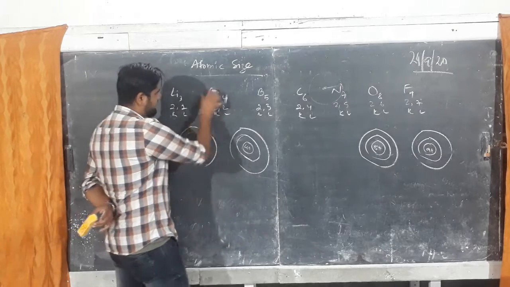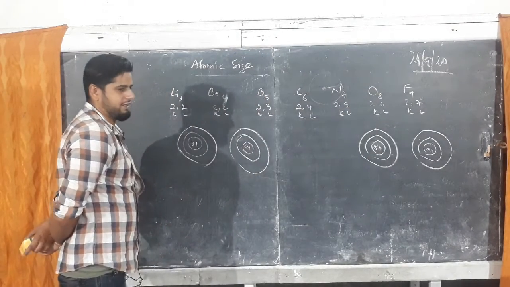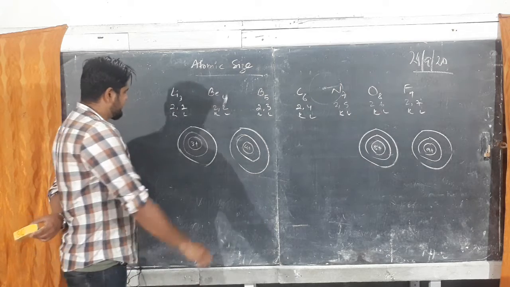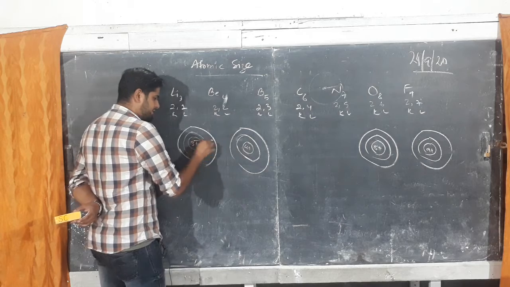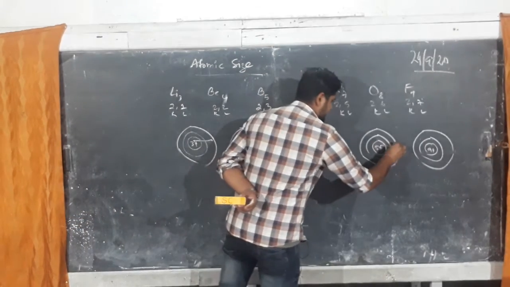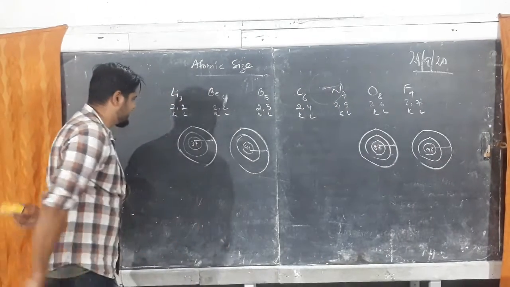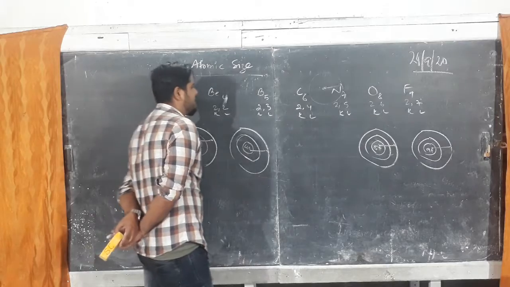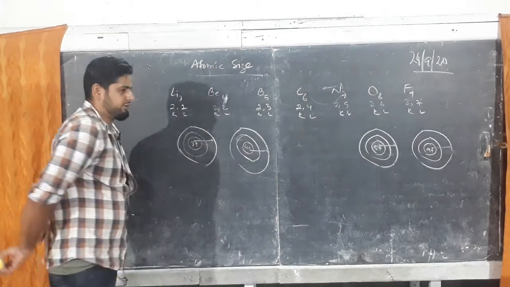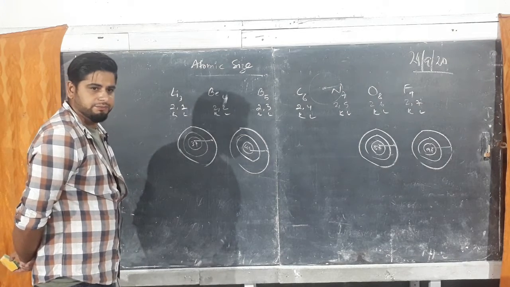Since all of these elements have L shell as their valence shell, outermost shell, the distance from the center to the L shell has to be the same for all the elements. Yes or no? But this is not the case.